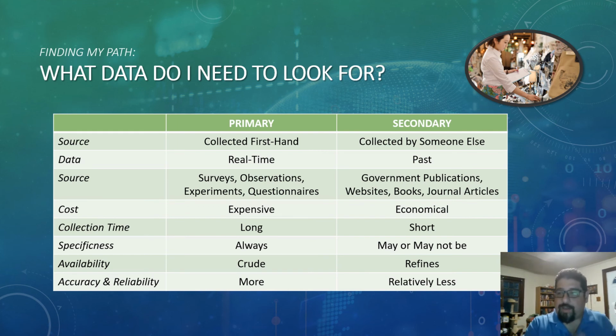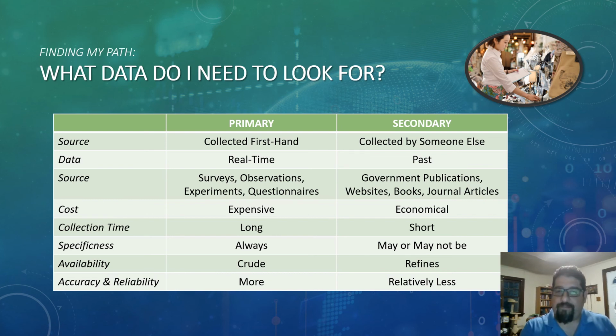We're conducting these surveys for what we want to know, versus a secondary source where somebody conducted a survey on this topic, and part of it fits with what we're researching, but part of it might not. So it's not going to be very specific. It might be right around that area.